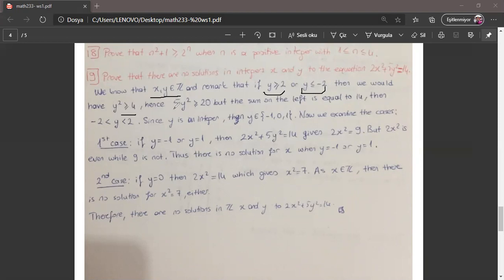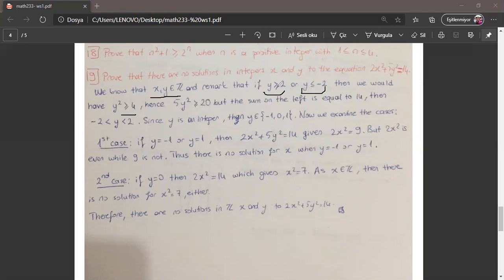If we multiply this by 5, we get this inequality: 5y squared is greater than or equal to 20. But on the right side of the equality, we have 14. So we cannot have this 20 here.